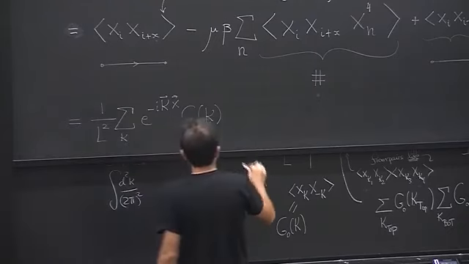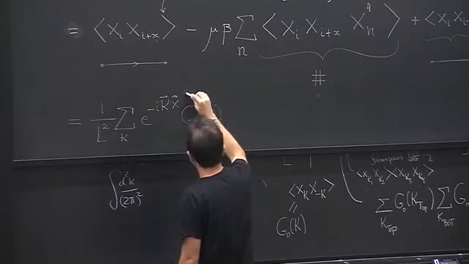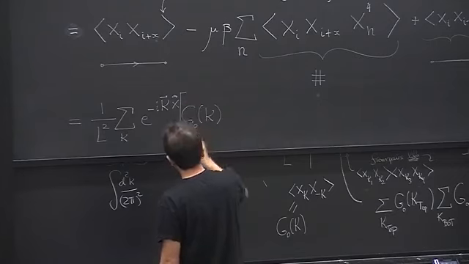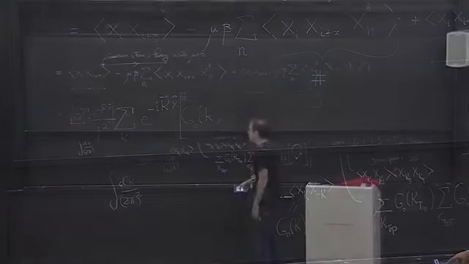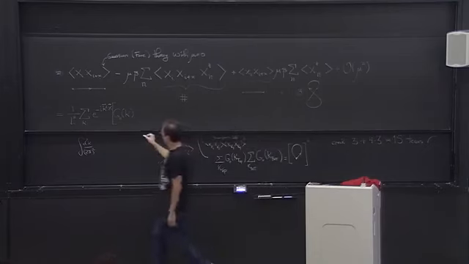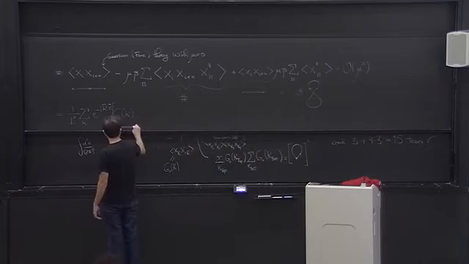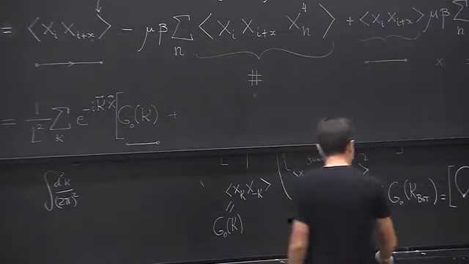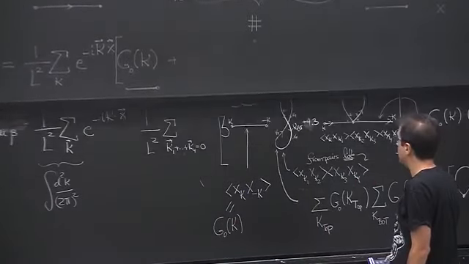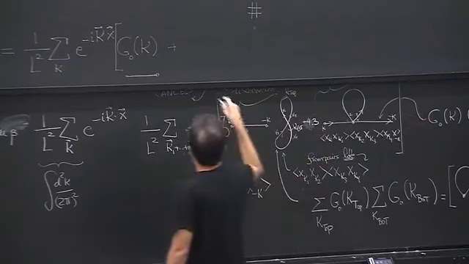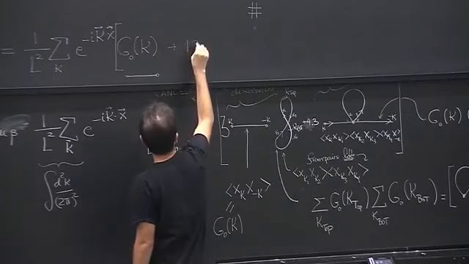And now let me write it already here in Fourier space. So in Fourier space, we had this term, which was, as I said, just a propagator, plus this term, which was 12.